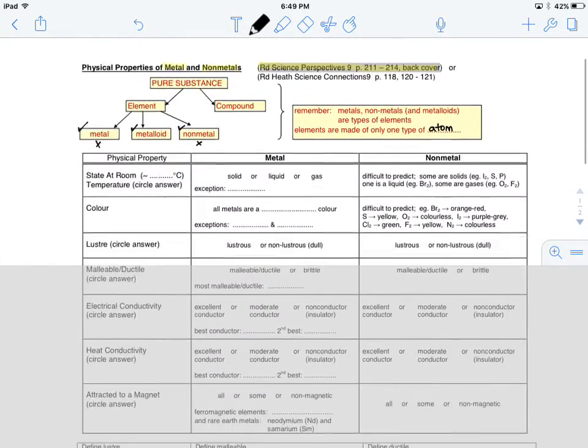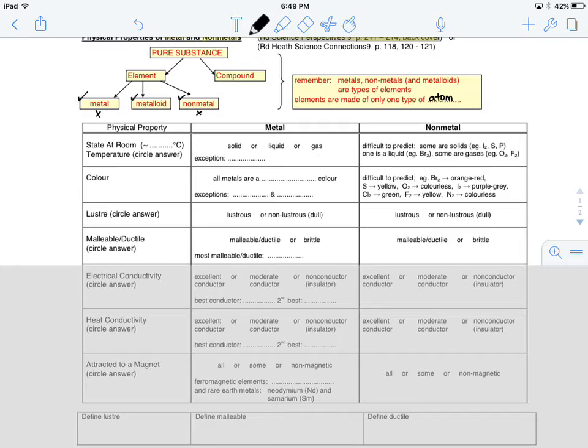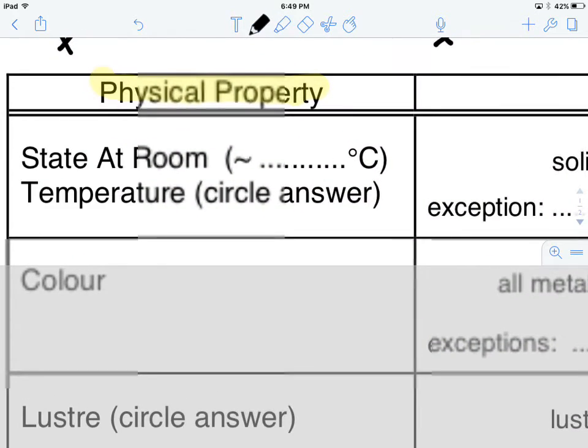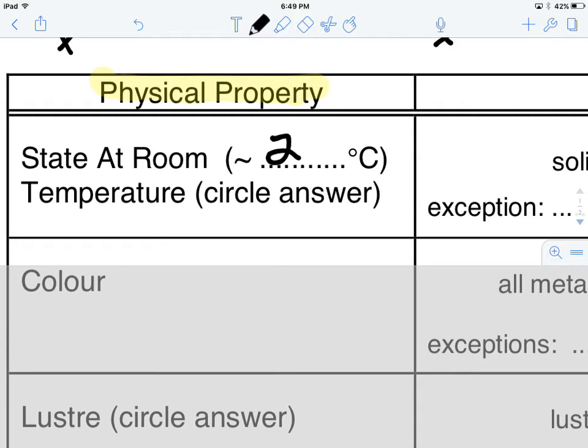Okay, so that's something that we need to remember. These are all pure substances, made up of one type of atom, and they all appear on the periodic table. You'll notice this column here is the physical properties that we've talked about, and we're going to go down and compare metals and nonmetals. The first that we're going to look at is the state: solid, liquid, or gas at room temperature. 20 degrees Celsius is about room temperature.